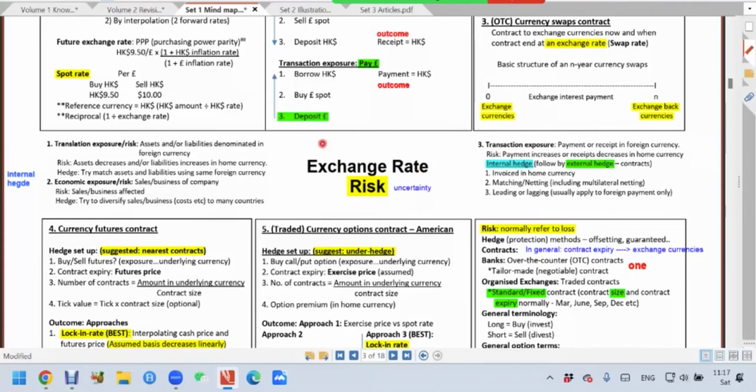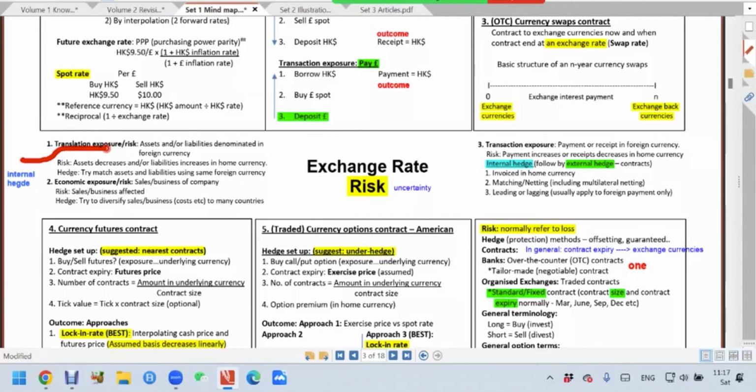First one, translation. If a company needs to do a translation, they will have this translation risk or translation exposure. What type of company? A company which has a subsidiary overseas.